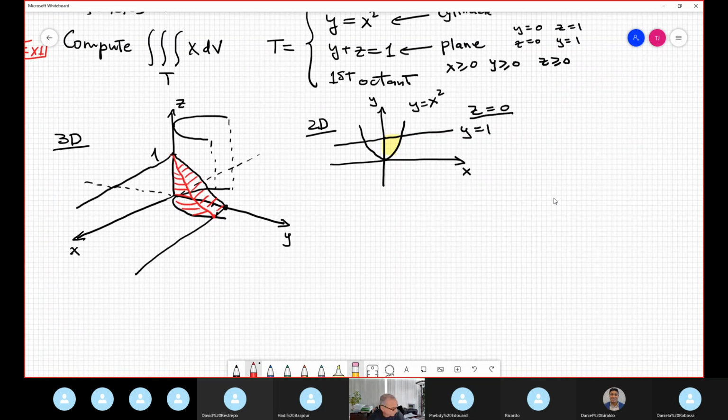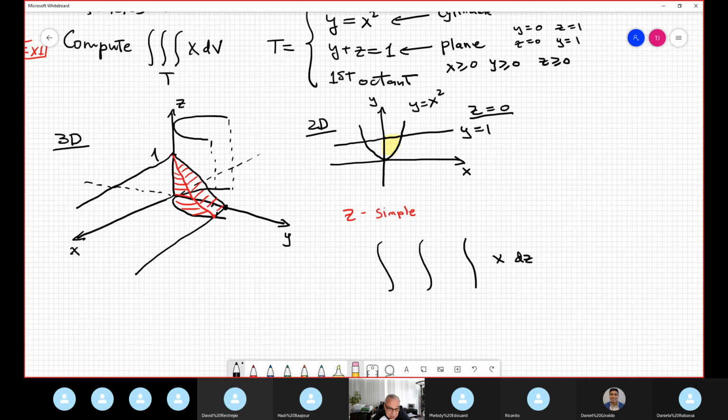Suppose can make a decision using Z symbol. Z symbol, remember, is I have two surfaces, one above, one below, so top, bottom. Entonces now in the setup of the triple integral, integrand function is x. Suppose que I make a decision, integrate first with respect to z.